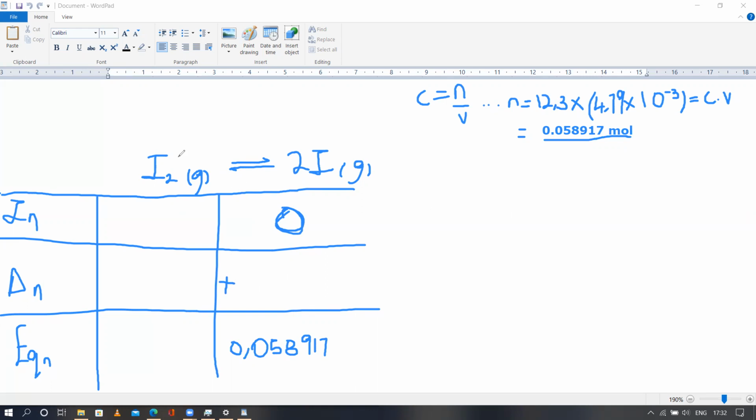That means the iodine molecules were converted into iodine atoms. So here you're gonna have a negative to show that this is converted into this. So you're gonna write plus 0.0589117.